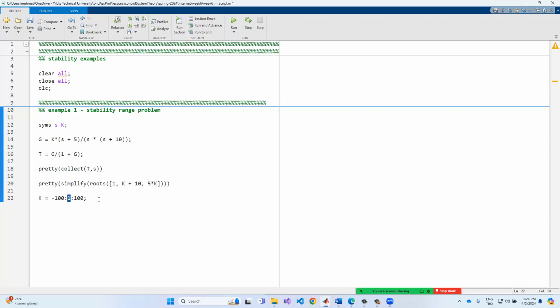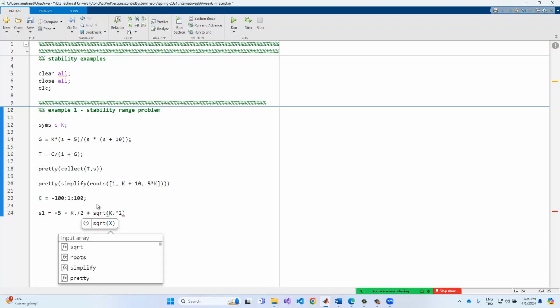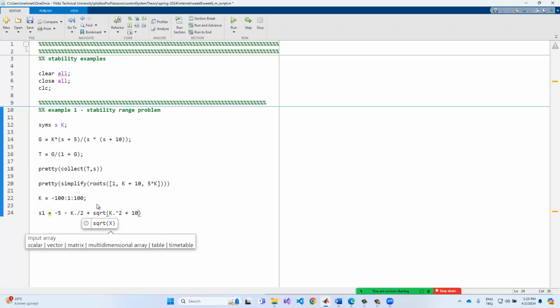Okay, and so we search the whole k parameter range, just like this one, and then we can find the stable k values. After that, S1 is assigned as minus 5 minus k over 2 plus the square root of k square minus 100.